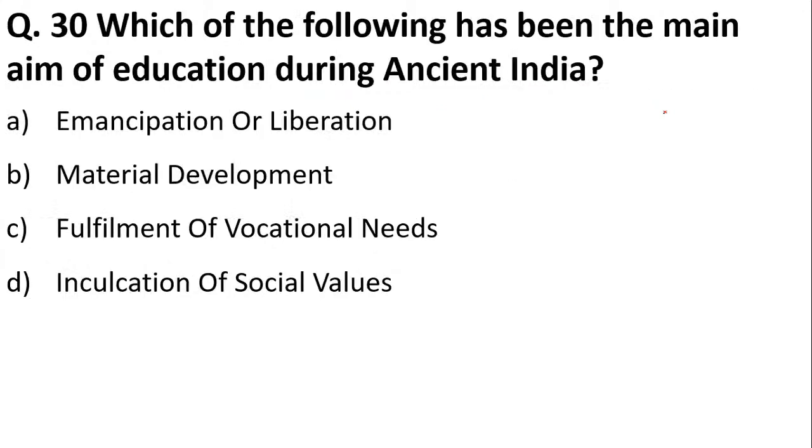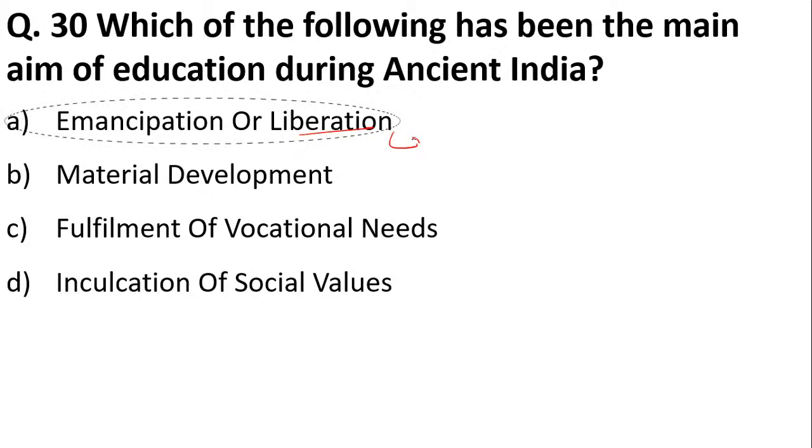Which of the following is the main aim of education during ancient India? Ancient India, when we had Gurukuls, at that time, what was the main aim of education? So it was emancipation or liberation. Okay, what is liberation?